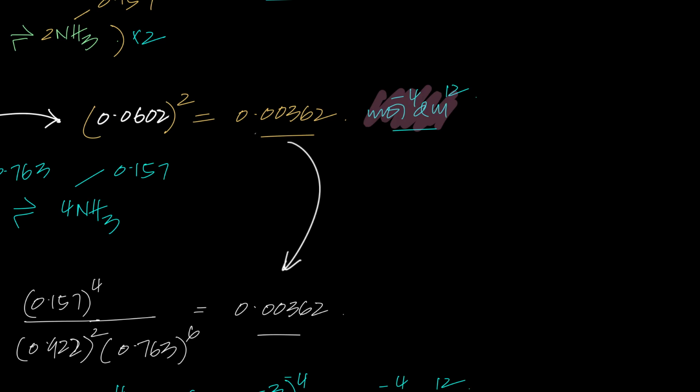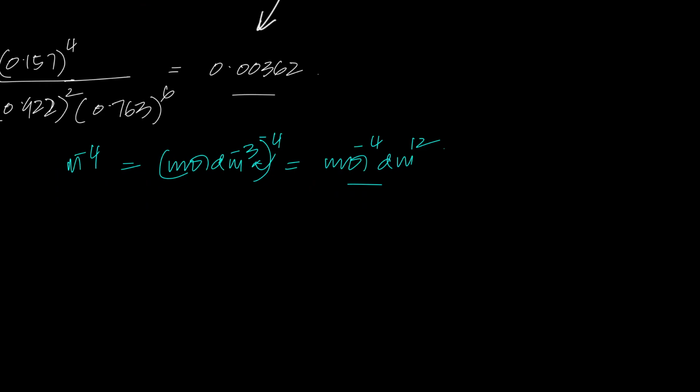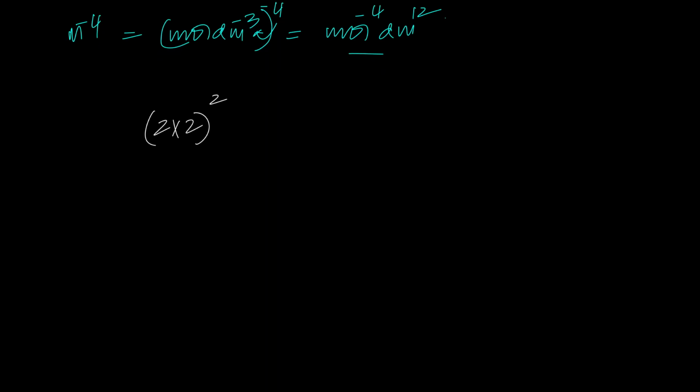Kiddo, Raima, please, it's basic mathematics. It's indices. I hope your math teacher is good. If you take 2 multiplied by 2 and square it, please, I'm not here to teach math, kiddo, but it's okay, I'll teach it. 2 into 2 is 4, 4 to the power of 2 is 16.